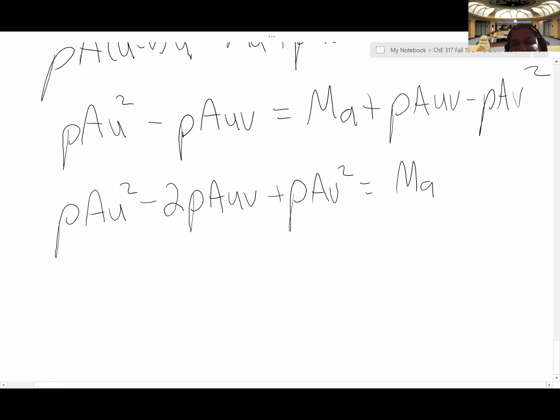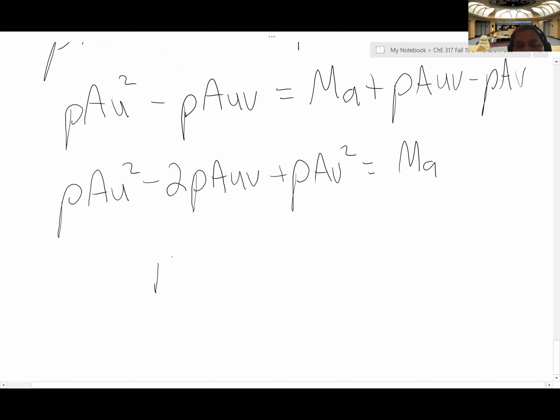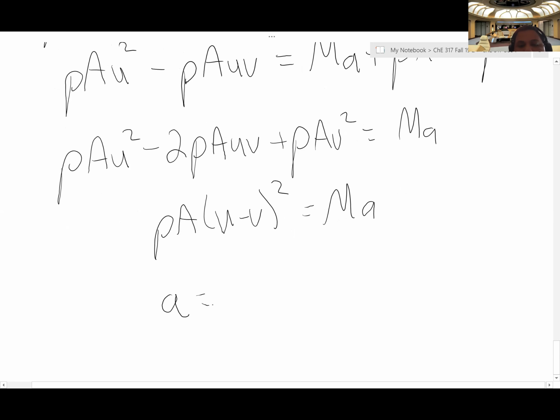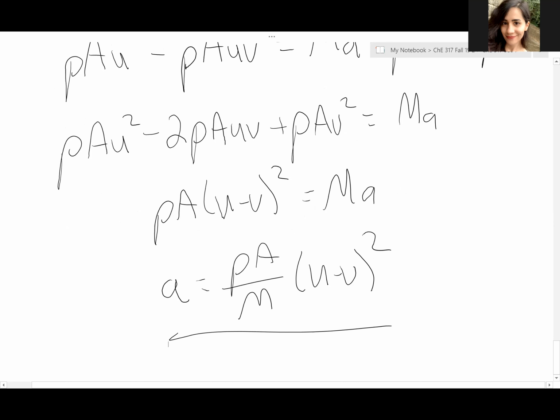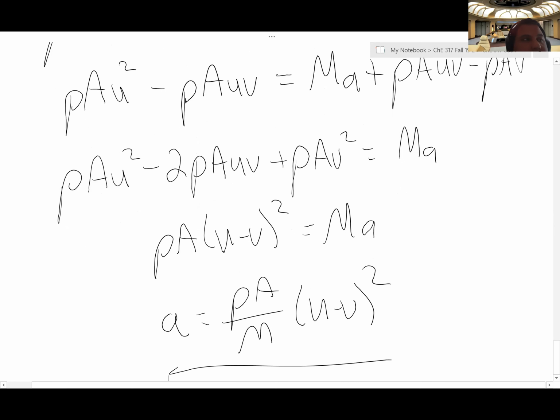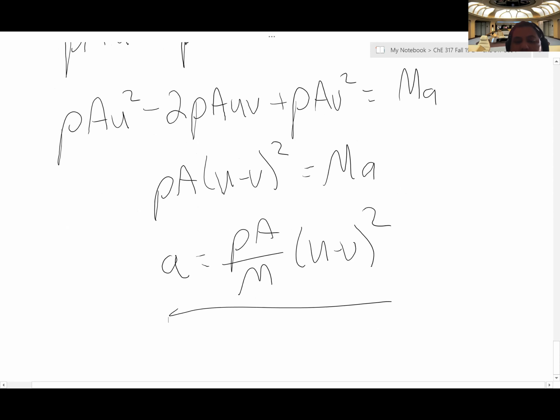If we factor this, what we end up with is rho A (u minus v) squared equals m a, which means a is simply rho A over the mass times (u minus v) squared. So that gives us our acceleration term as a function of the fluid density, the area of flow, the mass of the trolley, and the two relative velocities.